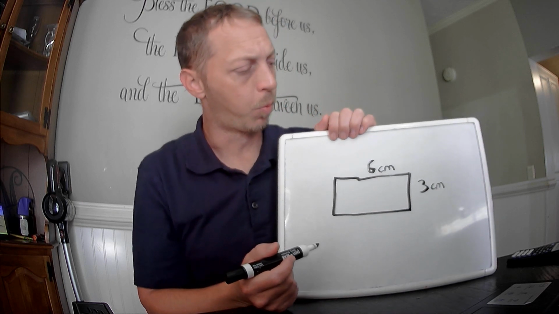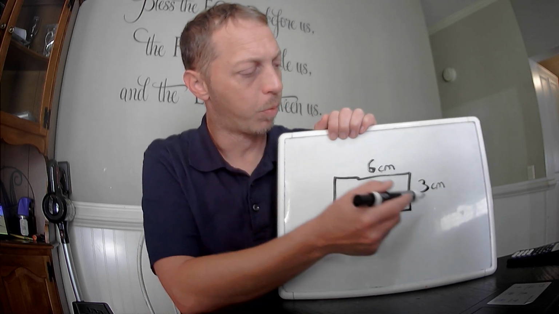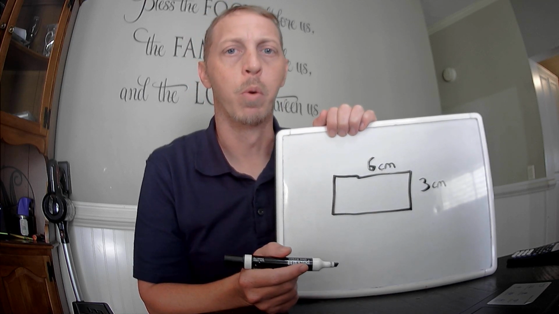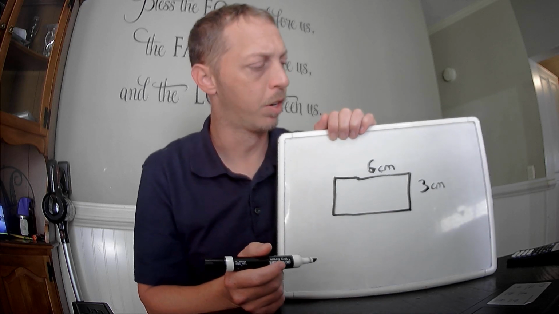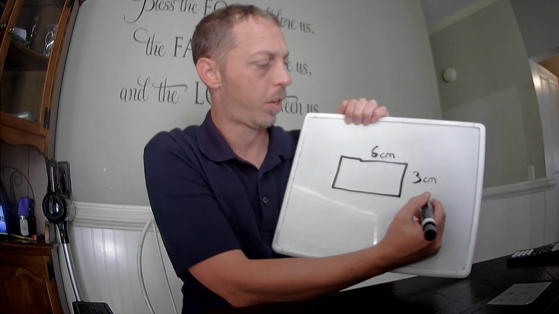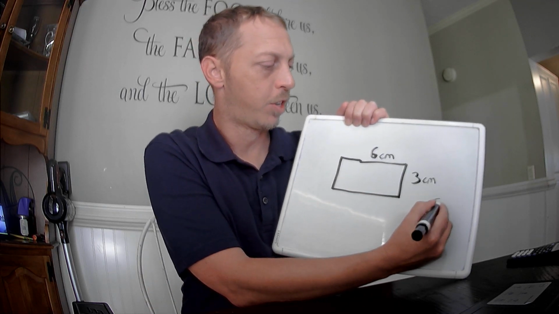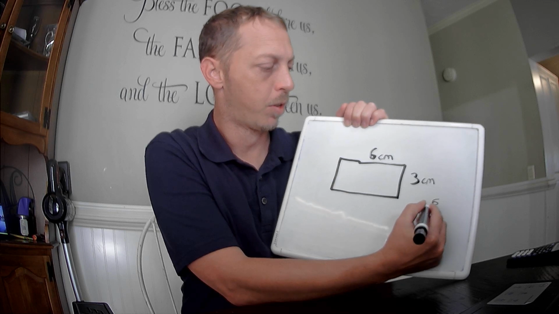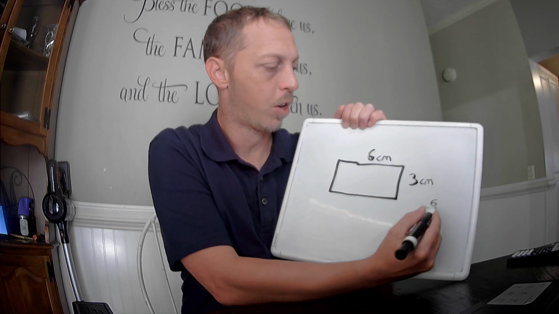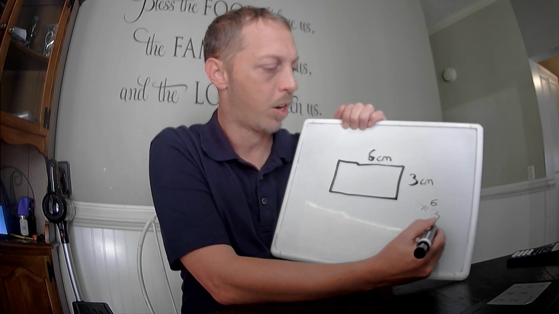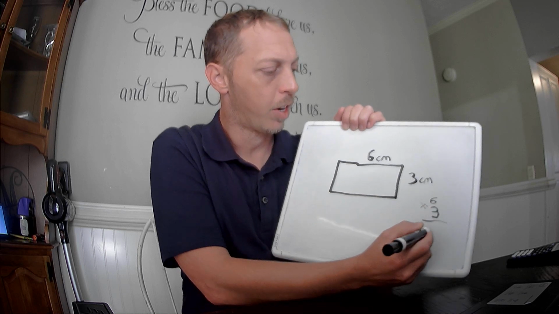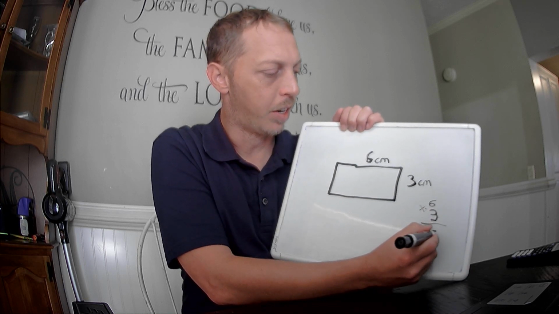So we only need to know the length of two sides in order to calculate surface area. Now we're just going to multiply these together. That would be 6 times 3, which will end up being 18.